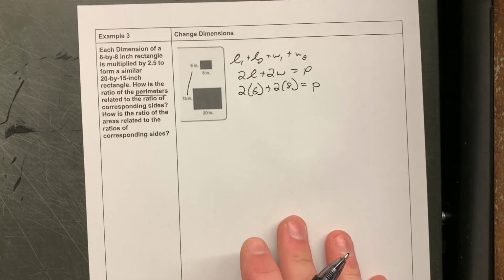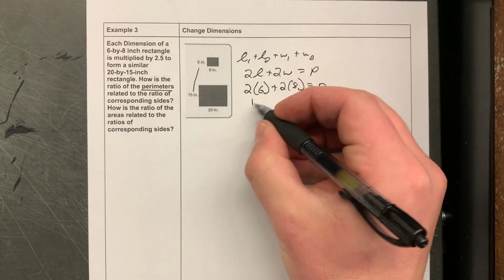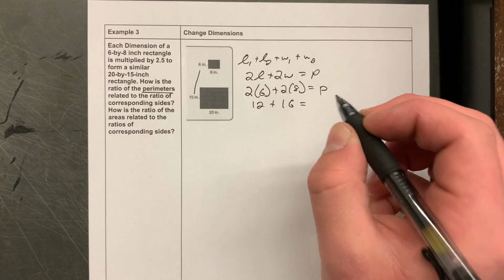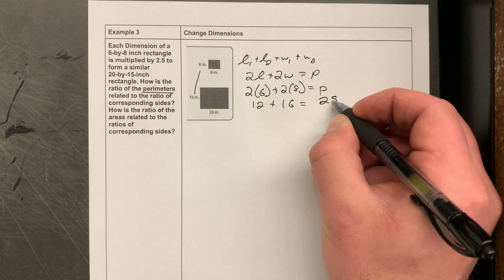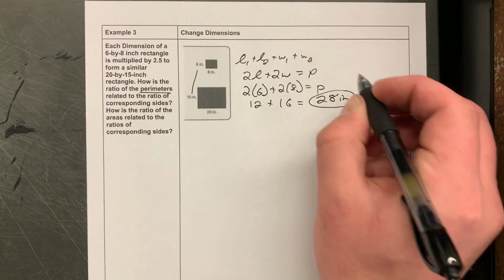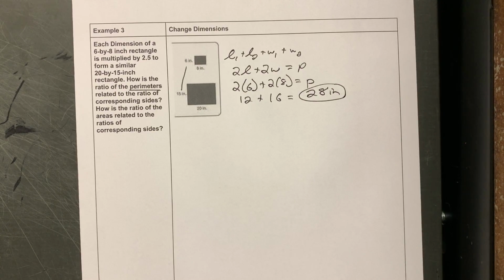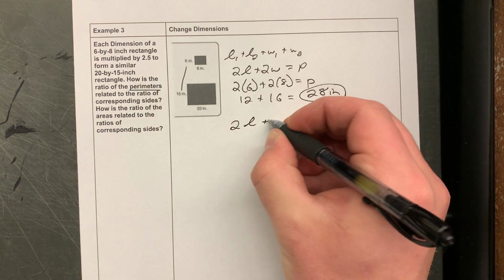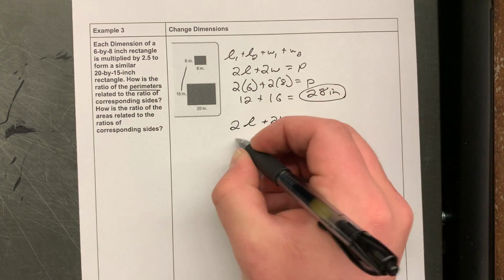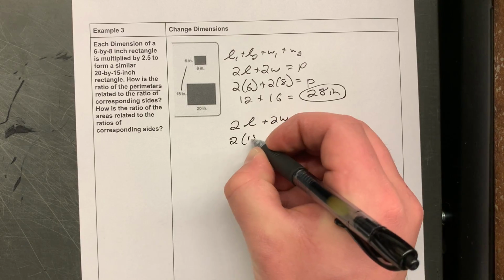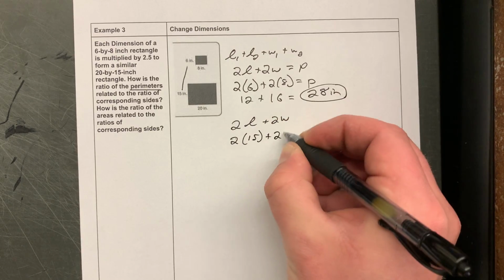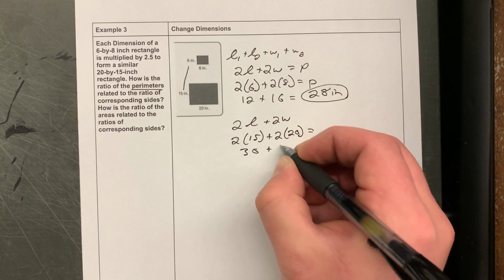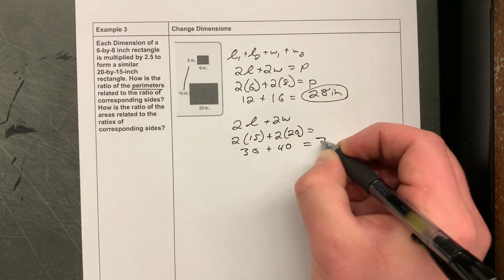When I solve for both of those, I have 12 plus 16, which gives me a total of 28 inches. That's from my 6 by 8 inch rectangle. Now if I solve the same problem for my larger one, 2 times 15 plus 2 times 20. I end up with 30 plus 40, which equals 70 inches.